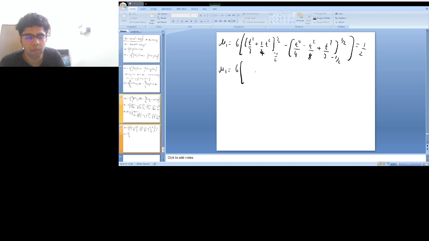Substituting half and minus half in place of t, this becomes 1 upon 8 into 24 plus 1 upon 4 into half square, which gives 1 upon 16, and 1 upon 4.